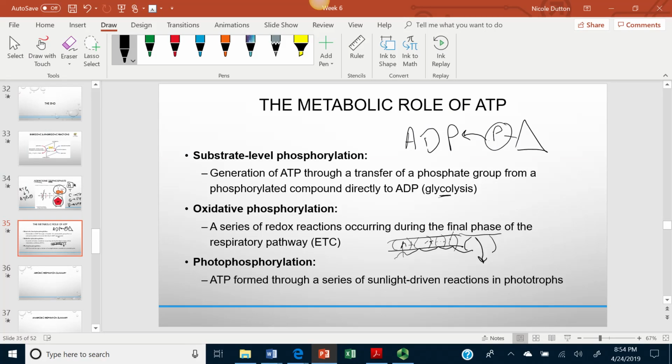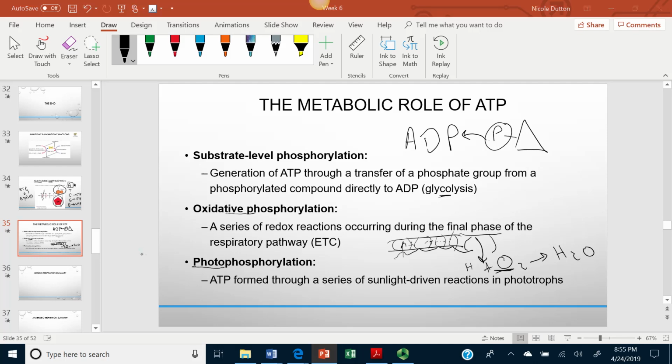Eventually, the hydrogen ions flow back through the membrane, and those hydrogen ions combine with the oxygen to form water. This is a redox reaction that is coupled to the production of ATP. As these hydrogens flow through, this rotates, which causes the phosphates to be combined with ADP to make ATP. So again, it involves the bumping into a phosphate to ADP, but since it's coupled to an electron transport chain, we call it oxidative phosphorylation.